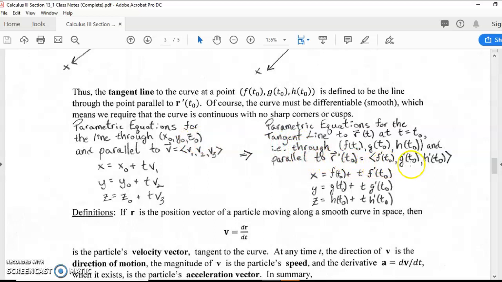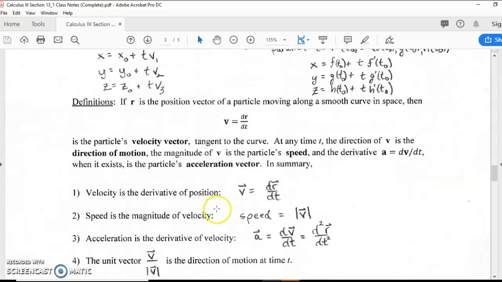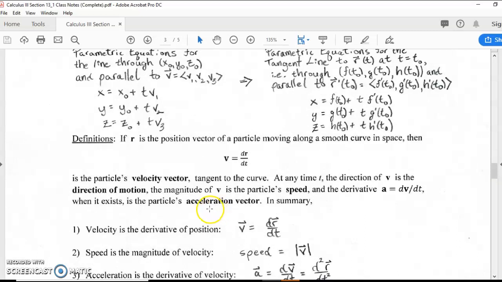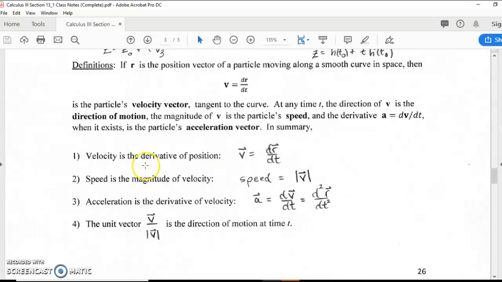So this is my vector v. Then you can simply write down that x is f of t naught plus t f prime of t naught, and y is like this, etc. So it's easy to find the parametric equations for the tangent line if you can find r prime of t.